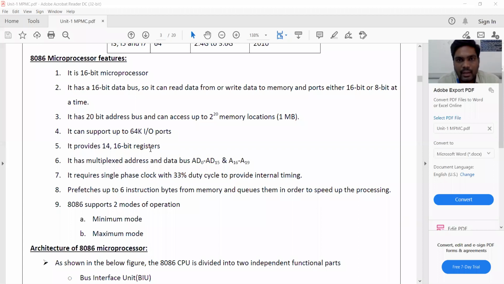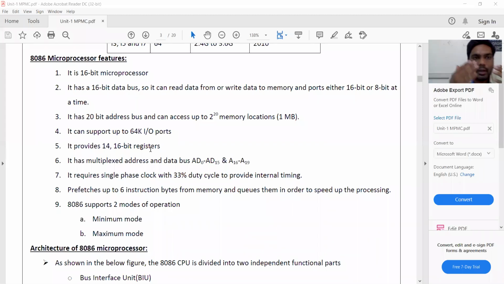So we need to attach some input devices and output devices in order to perform some operations. Those input and output devices will be interfaced or connected to the microprocessor by using these ports, which are nothing but IO ports. Hope my point is clear now, right?